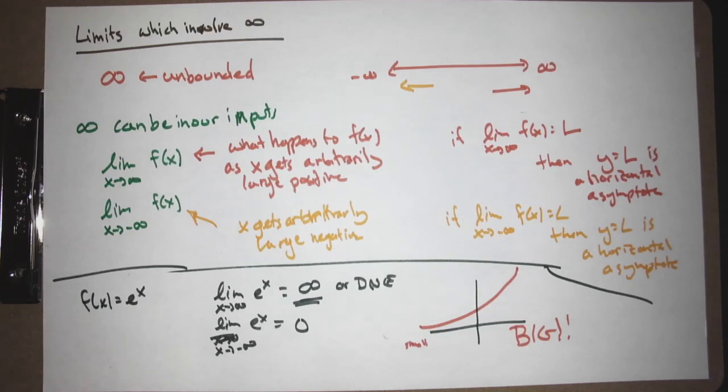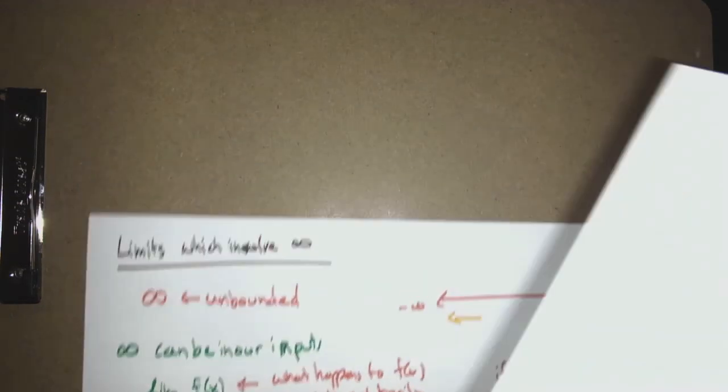Let's see. What are some things we can do? All right, let's make up an example. Why not? It's always fun to make up examples. Anyone have a favorite quadratic polynomial?